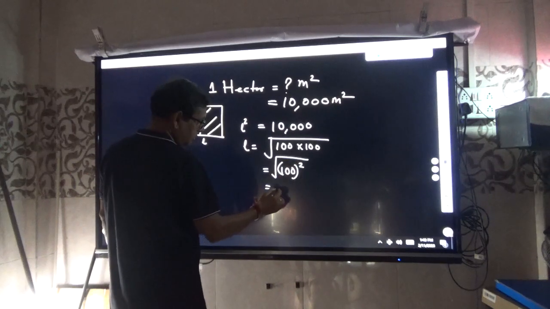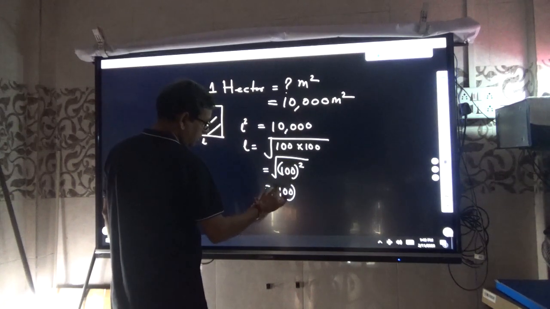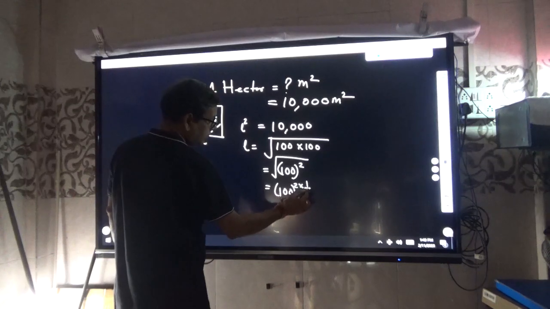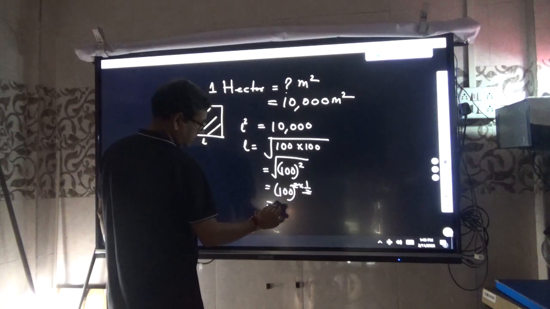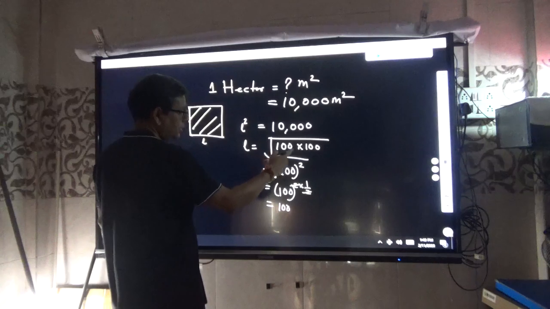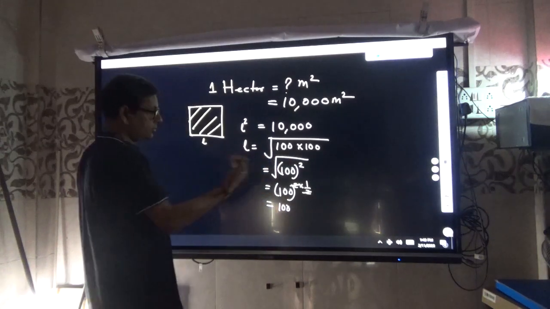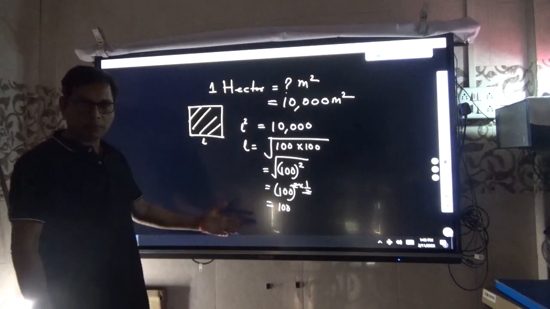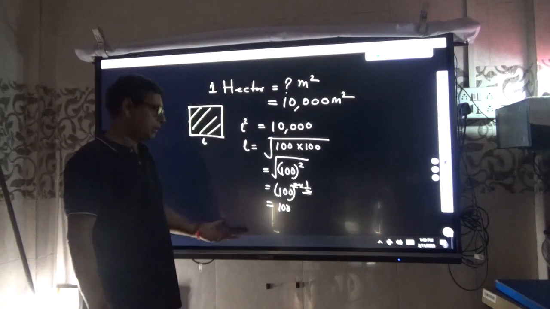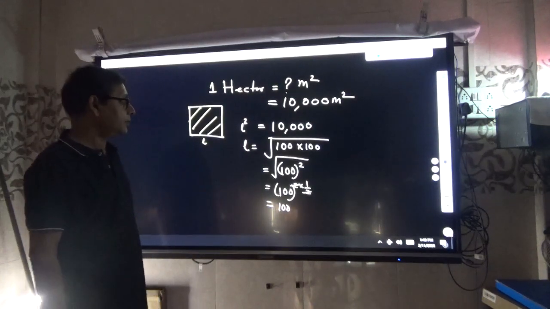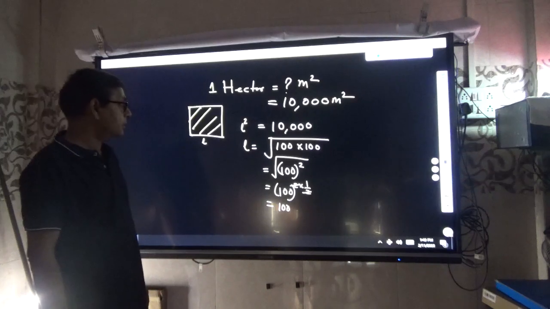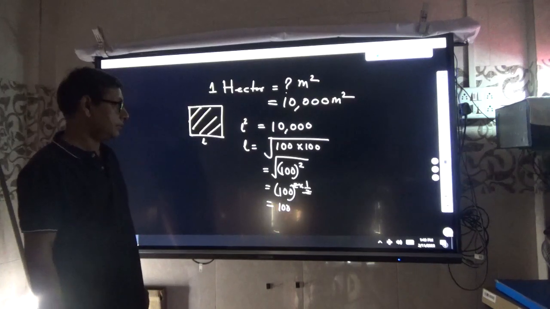100 square root means into 1 by 2. So it is 100. If two hundreds are multiplied inside, when the square root is removed, then 100 will come out. So the length of this square is 100 meters.